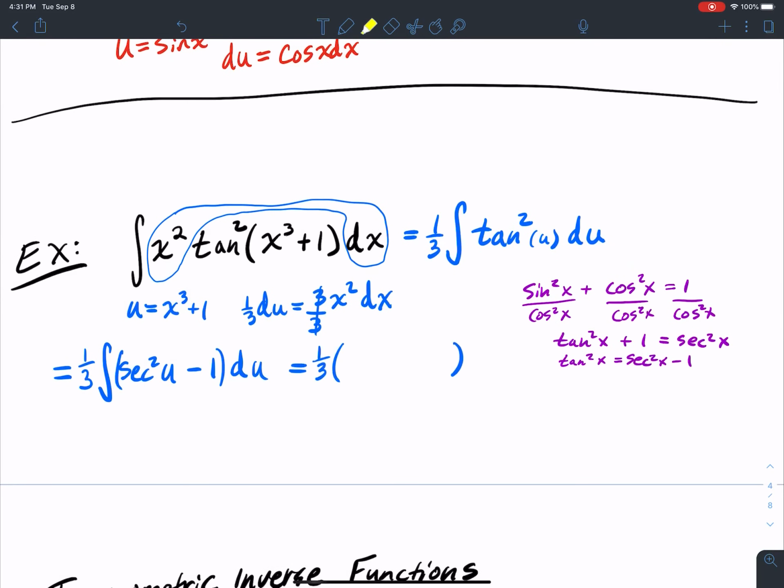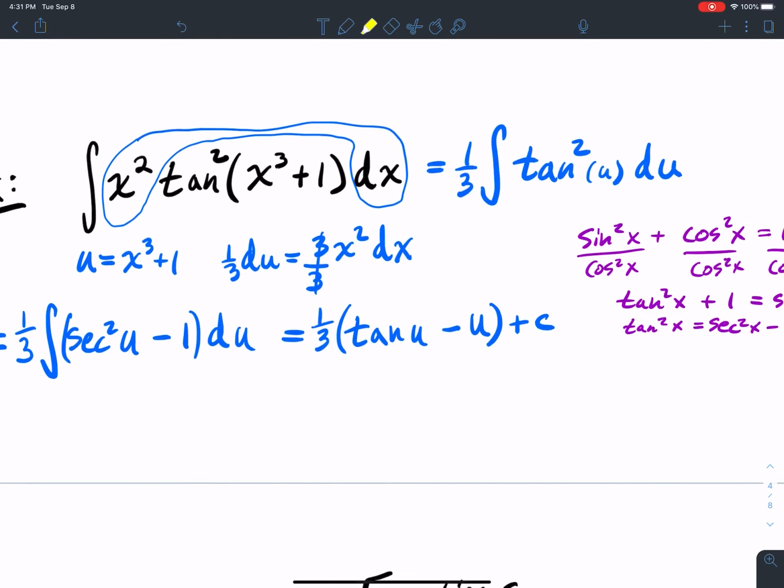That's one of the integral rules. So that's why that was important there. So I've got the 1/3 constant out front. The integral of secant squared is tangent u. And the integral of negative 1 is negative u. And then I have my plus c.